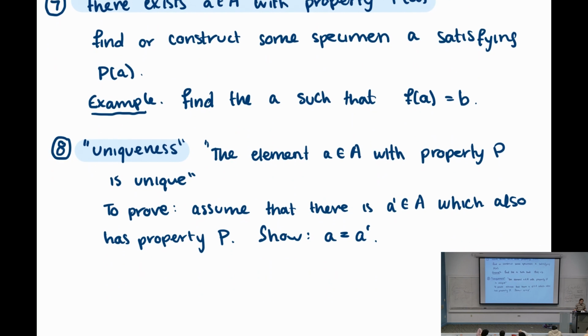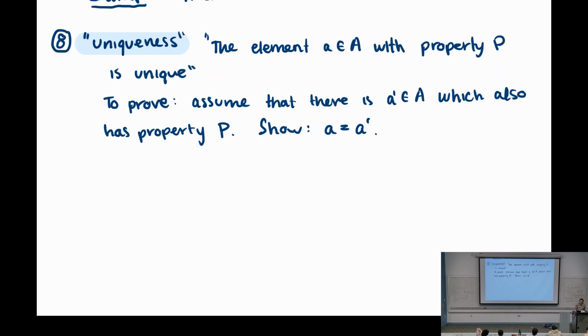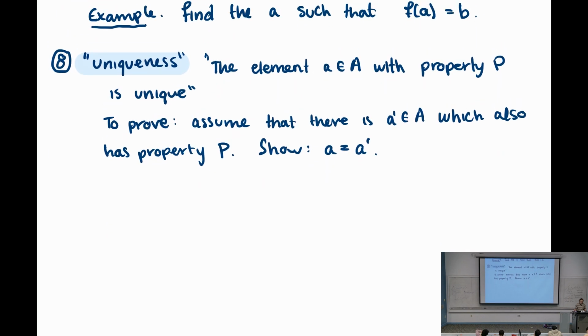So let's do an example, and this will be another property of groups example. This is called uniqueness of identity.